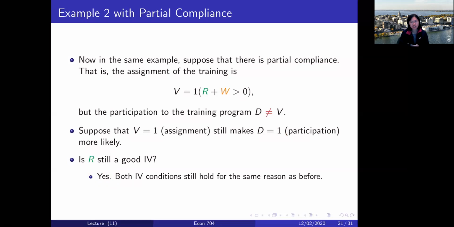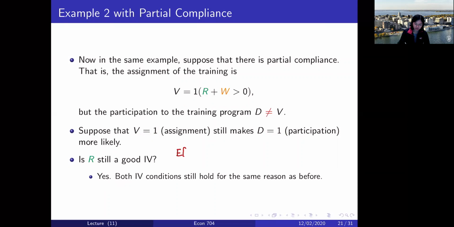And it's still relevant because a higher value of R makes V equals 1 more likely, and V equals 1 makes D equals 1 more likely. So R and D are positively correlated, and that makes the relevance assumption still hold.